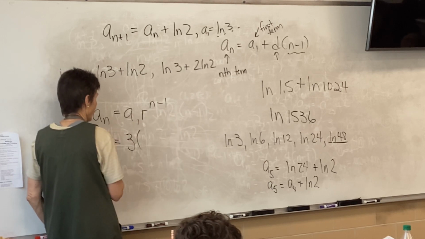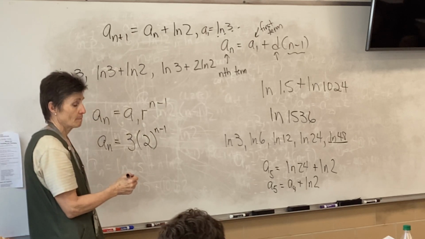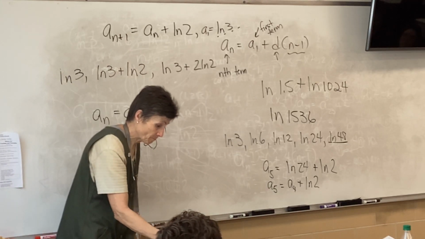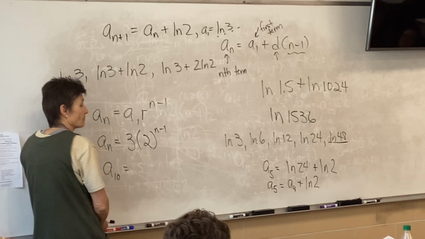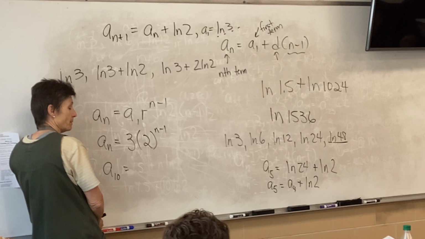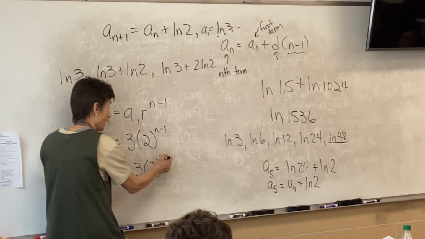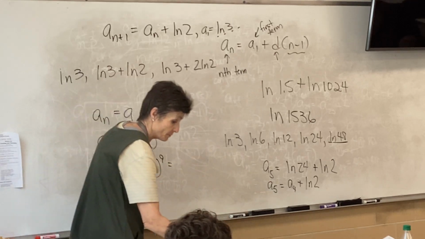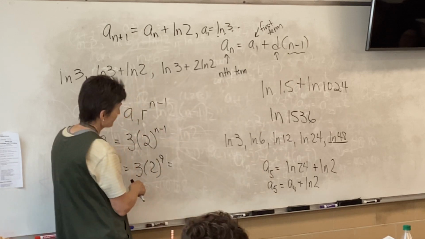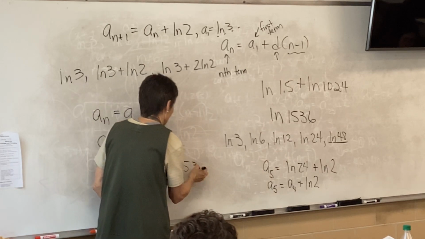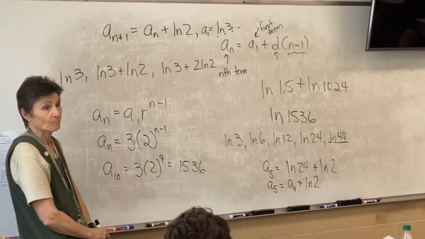What am I multiplying by? 2 to the n minus 1. And then it says, find the 10th term. So what will the 10th term be? 3 times 2 to the 9. These things get big really fast. Oh, that's 1536 again. So that would be the 10th term in the sequence.